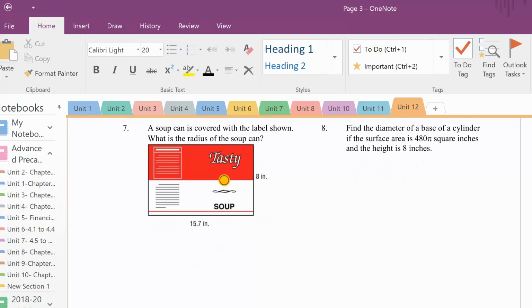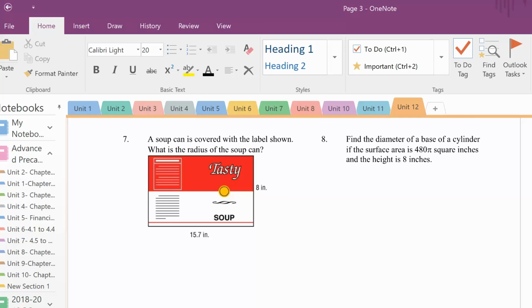All right, so here's some examples. A soup can is covered with the label shown. What is the radius of the soup can? Well, since this is basically flattened out, the circumference, remember, is 2 pi r.